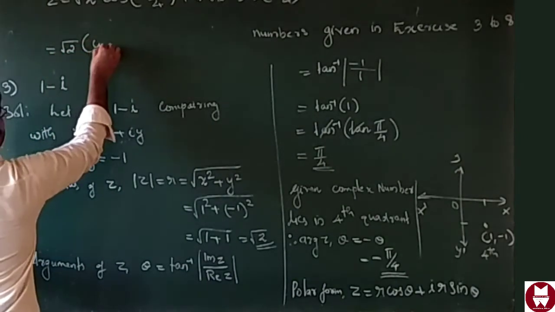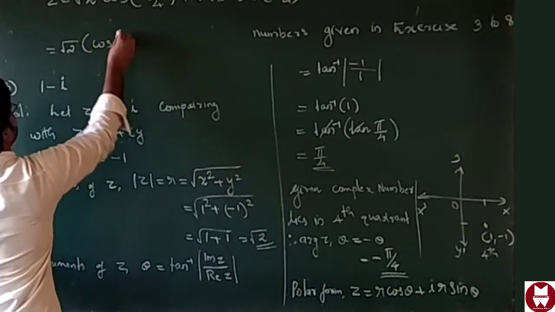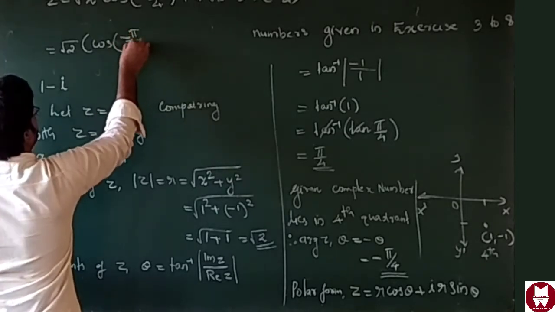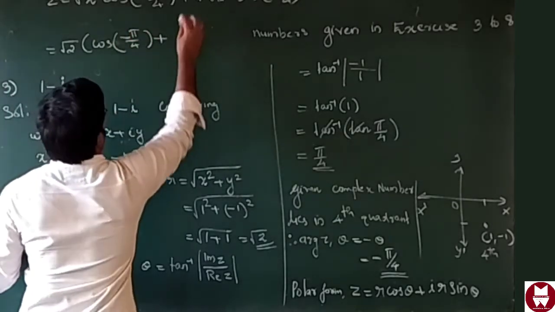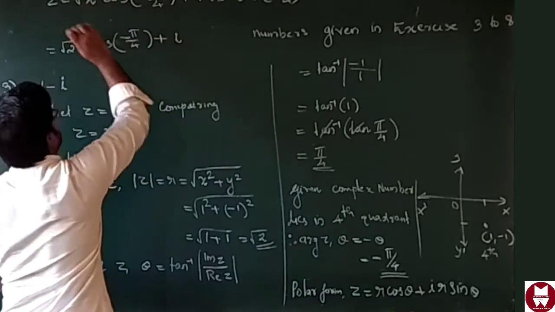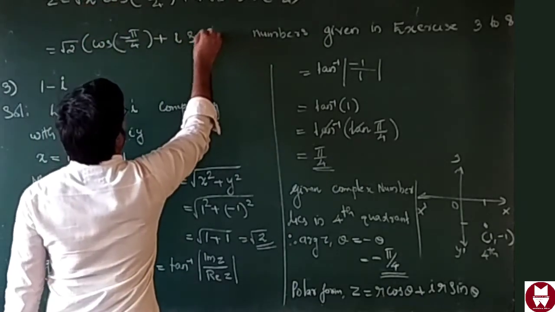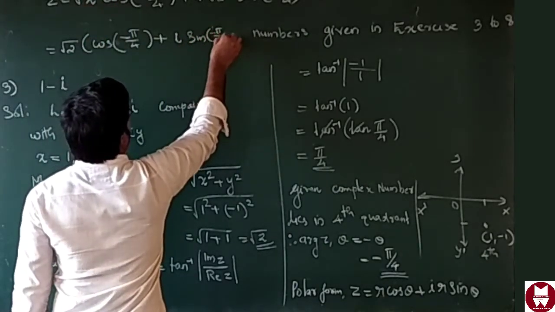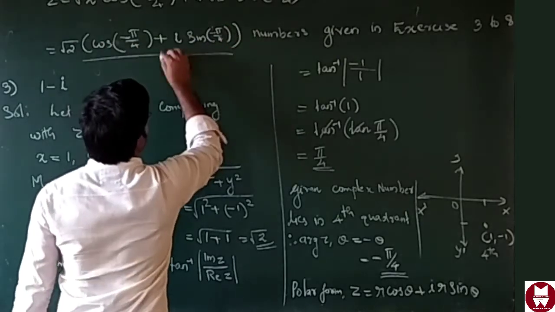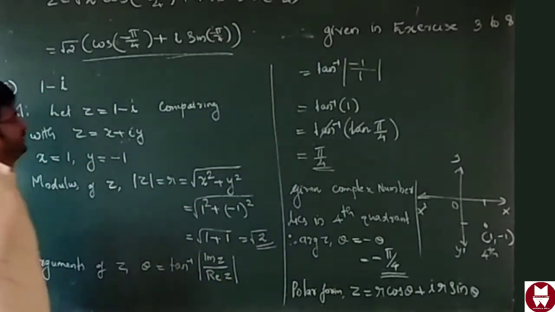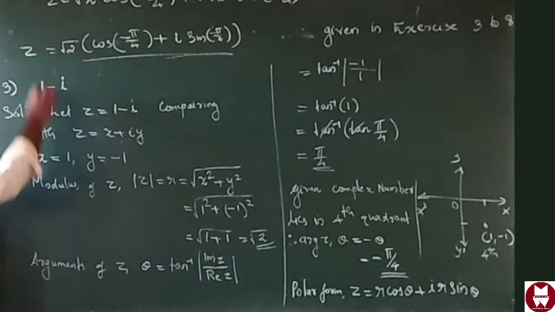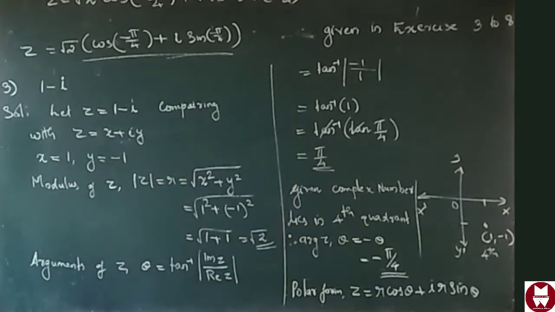Then remaining is cos of minus pi by 4 plus i sin of minus pi by 4. This is our required polar form of the given complex number. Just pause the video and write it down in your notebook.